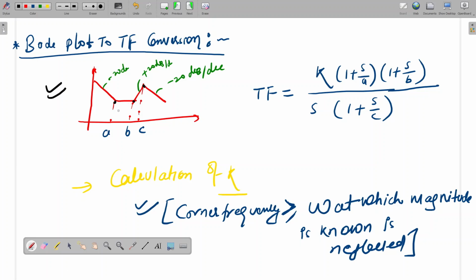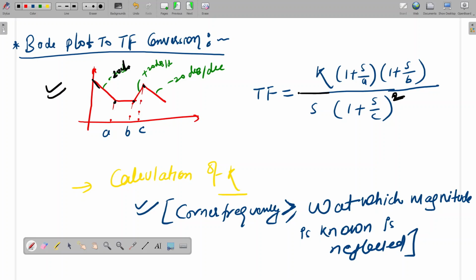Let's say it starts with minus 20 dB per decade, which means K by S. So first I write K by S. At A, the slope changes by plus 20, so 1 plus S by A. At B, again plus 20, so 1 plus S by B. And divided by, at C, it goes directly from plus 20 to minus 20, so here it will be squared.